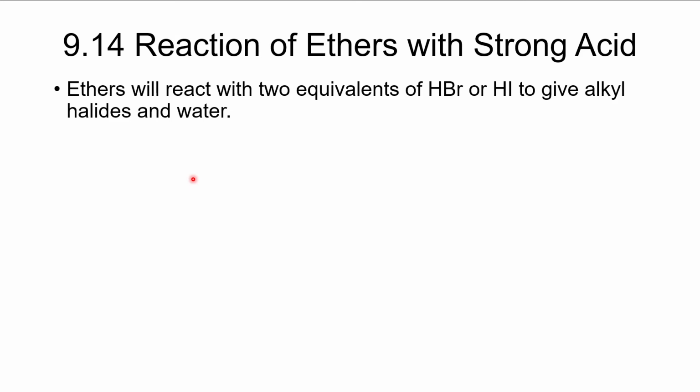So that means that we can take a mineral acid like HBr or HI and cleave an ether into 2 alkyl halides. So here is sort of the generic reaction. It can be symmetrical or it can be unsymmetrical. But you have to choose HBr or HI.